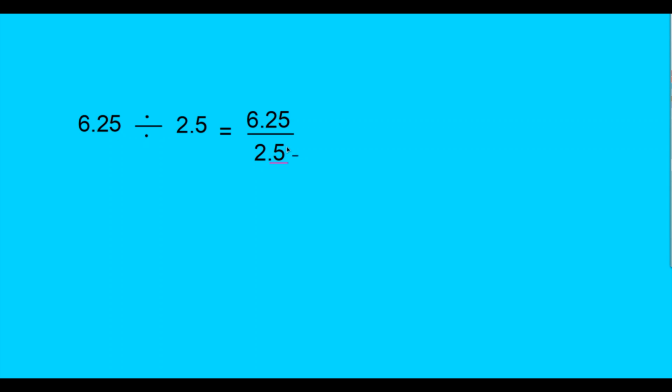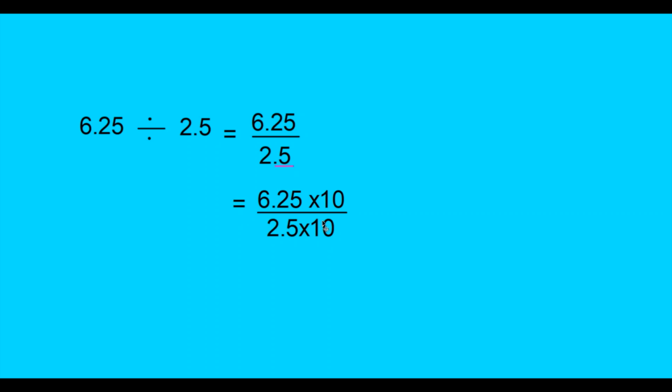If you multiply by 10 in the denominator, you have to multiply the same into the numerator too. You know multiplication by 10 means you have to move the decimal point one digit forward. If you multiply by 100, it means 2 digits forward. So one digit forward means it will be 62.5 divided by 25.